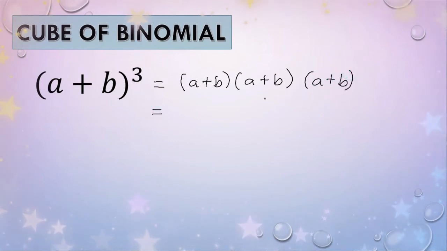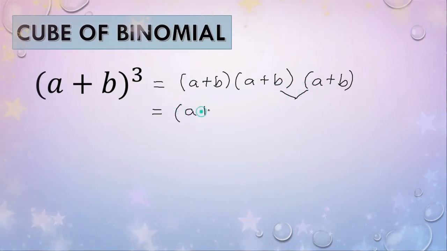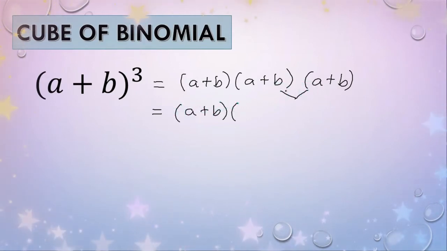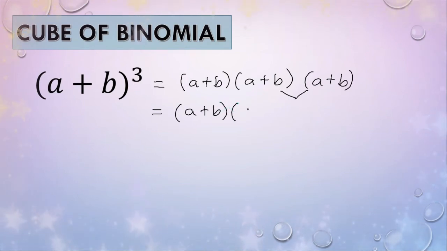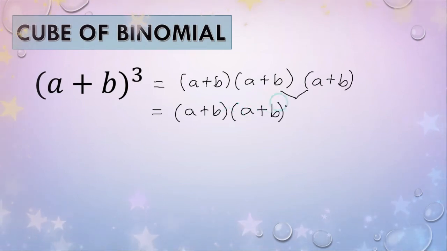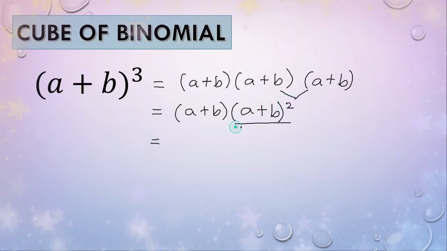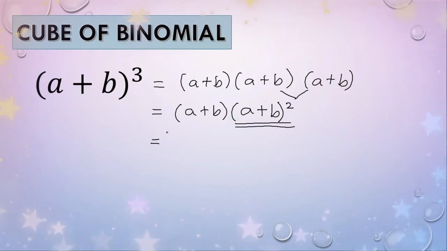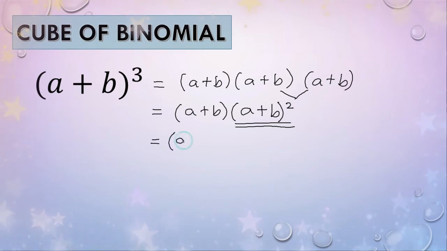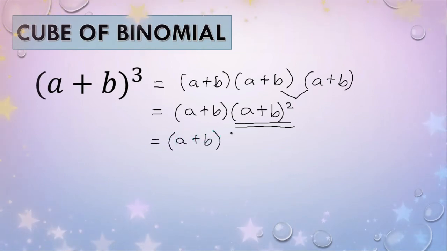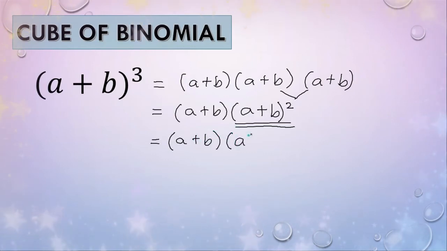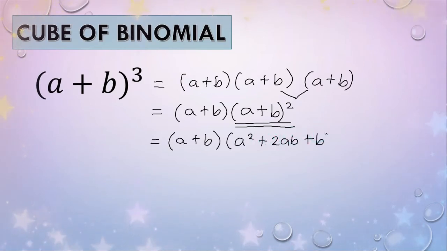We're going to combine these two binomials here because they multiply by itself twice, so it's a plus b squared. And we are very familiar with this because we have already discussed it on the first topic, the square of a binomial. So we already know that squaring a binomial equals a squared plus 2ab plus b squared.